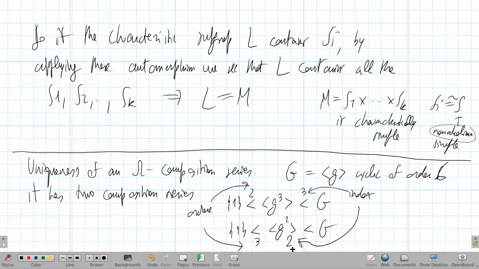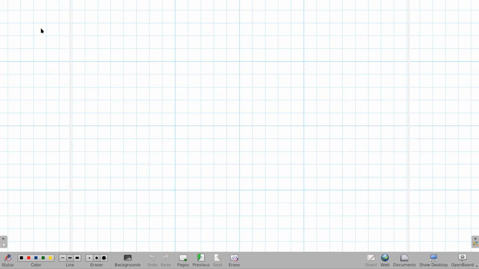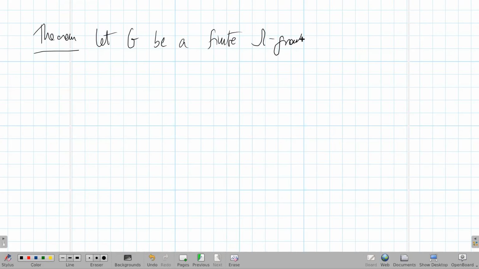So you cannot expect uniqueness term by term, but what you can prove is the following. Let's call it a theorem. Let G be a finite omega group. We'll see in the proof why dealing with omega groups, a simple concept, is useful in this case.